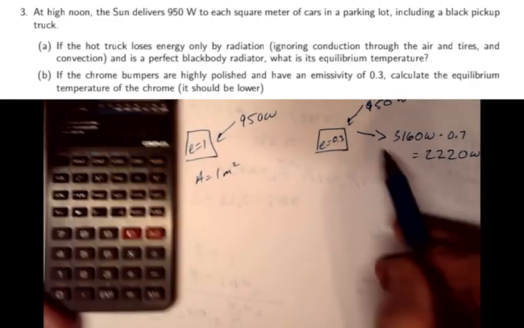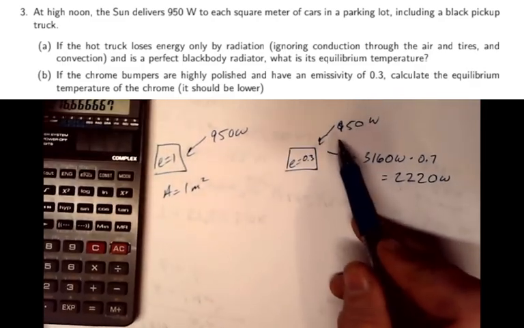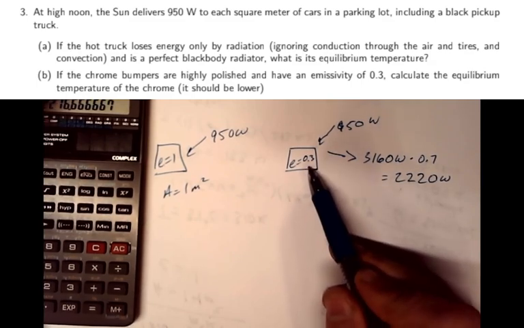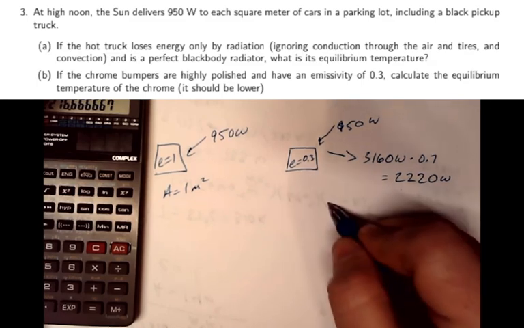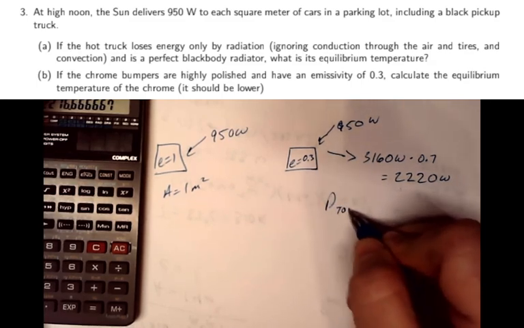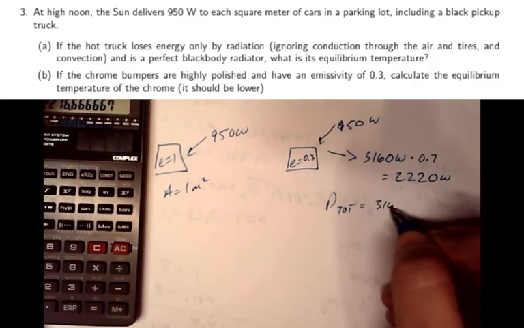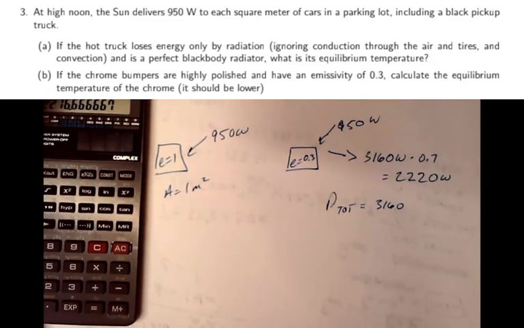If it absorbs 950, but it only absorbs 0.3 of the total, then the total's 3160, and it reflects 2220.